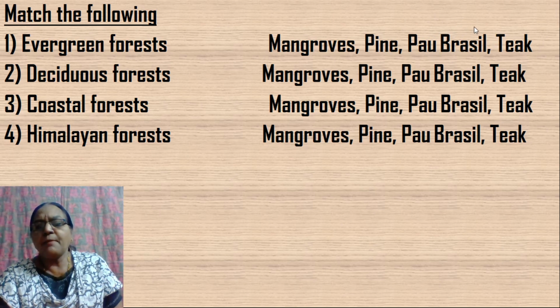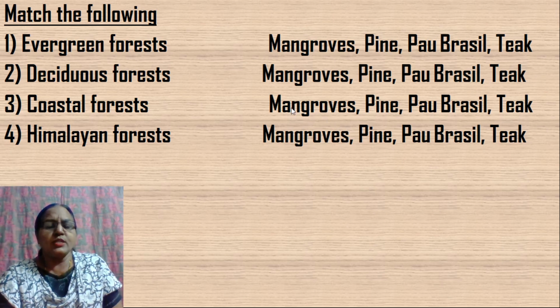The second one, deciduous forest: mangroves, pine, pau Brazil, teak. What's the correct answer? It is teak.